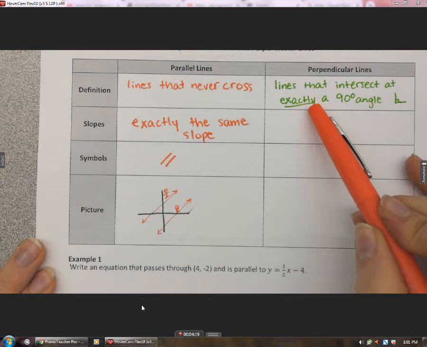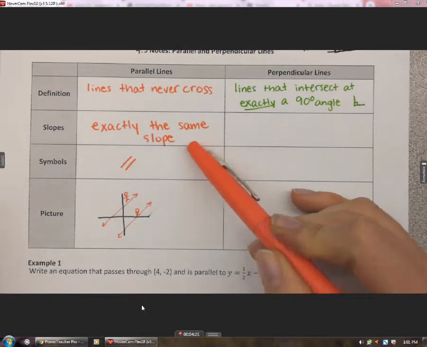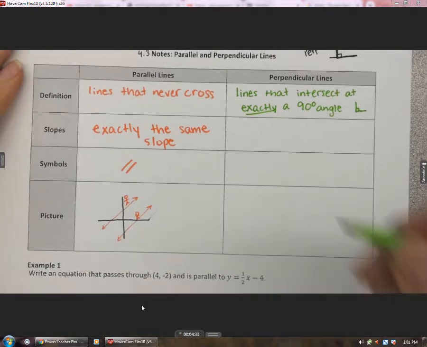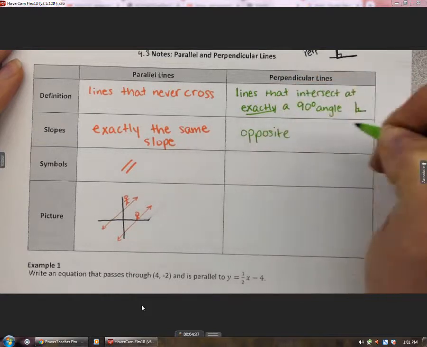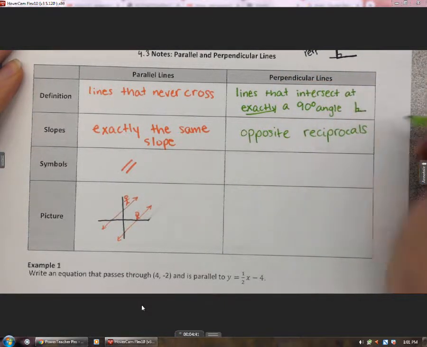Perpendicular lines have a special slope property. And if we had more time in class, we would do like an exploration and you'd discover it on your own, but we don't have that kind of time. So the slopes for these perpendicular lines are what we call opposite reciprocals.